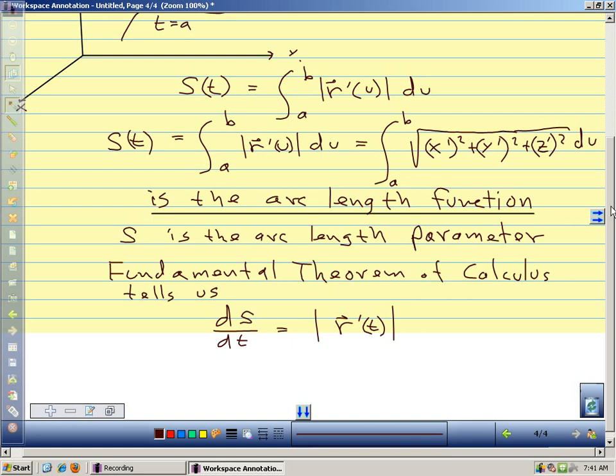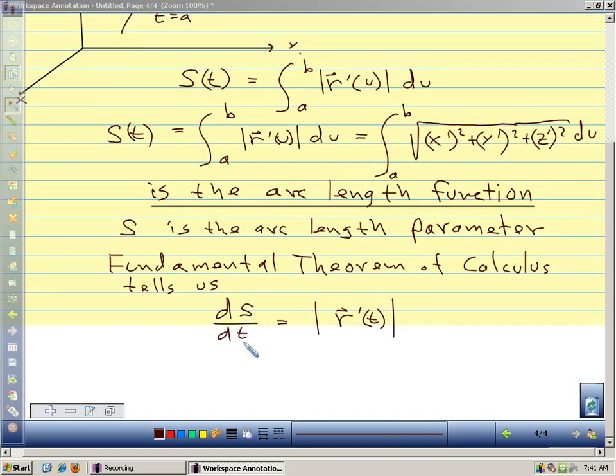So can someone interpret this for me? Right. The arc length. So if you take the derivative of the arc length with respect to time, you get the, what is the magnitude of r prime?